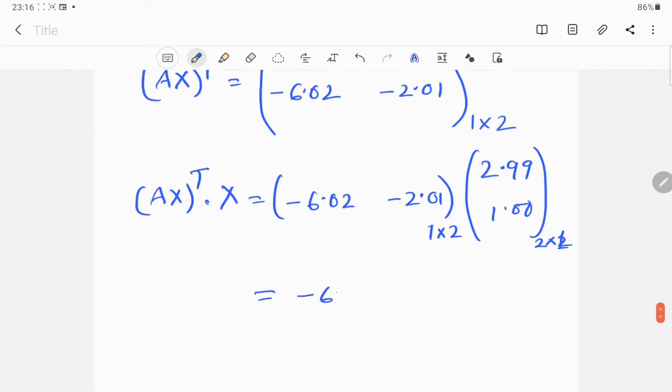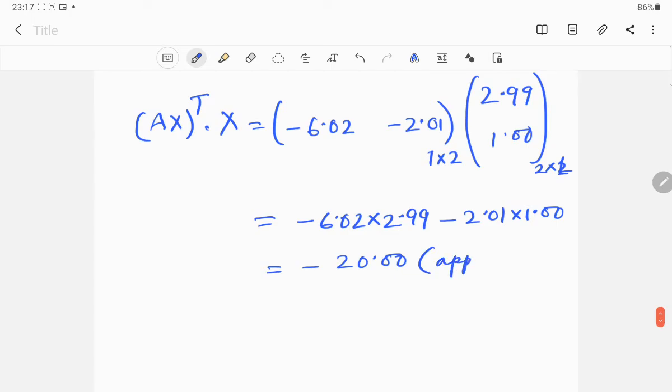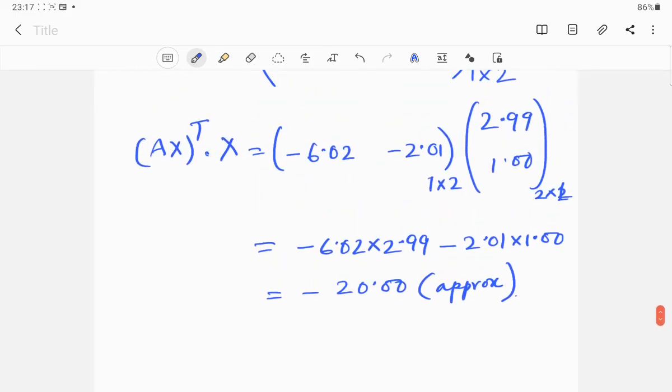It will be minus 6.02 into 2.99, then minus 2.01 into 1.00, which is almost equal to minus 20.00, approximately. You can use your pen and calculators, no issues.